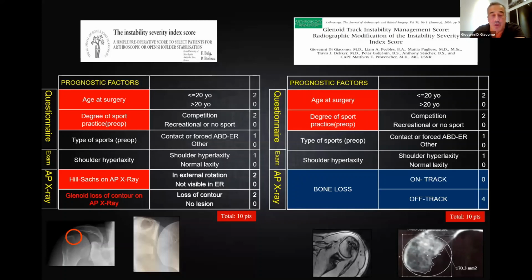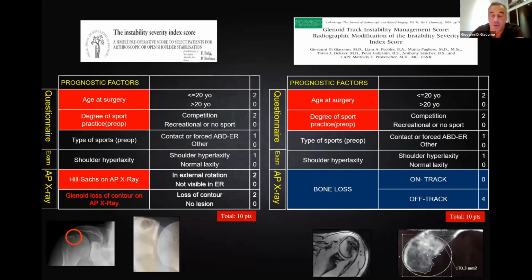According to Pascal Boileau, if the score of these risk factors is more than 3, you have a lot of possibility to have a recurrence if you treat this patient through an arthroscopic Bankart repair. If you follow this score, of course, many patients that you will treat through a Latarjet because it's very easy to have more than 3 points.